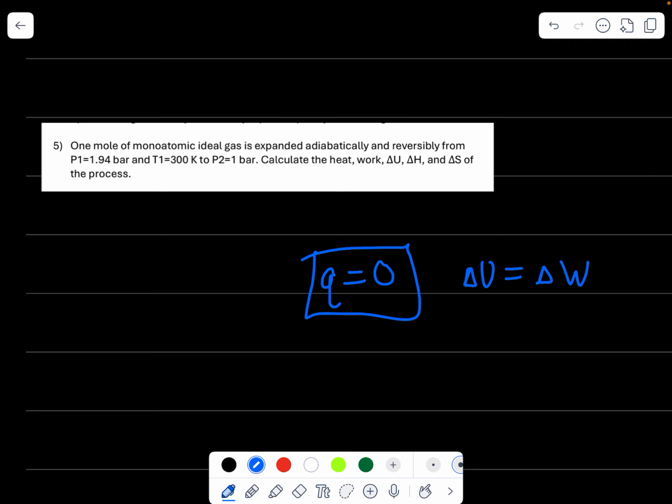All right, so we're given P1, we're given T1, and we're given P2. So in this sort of case, we do need the temperature values, as we have some equations that will help us solve if we have both the final and initial temperature. So let's try getting the temperature 2 value.